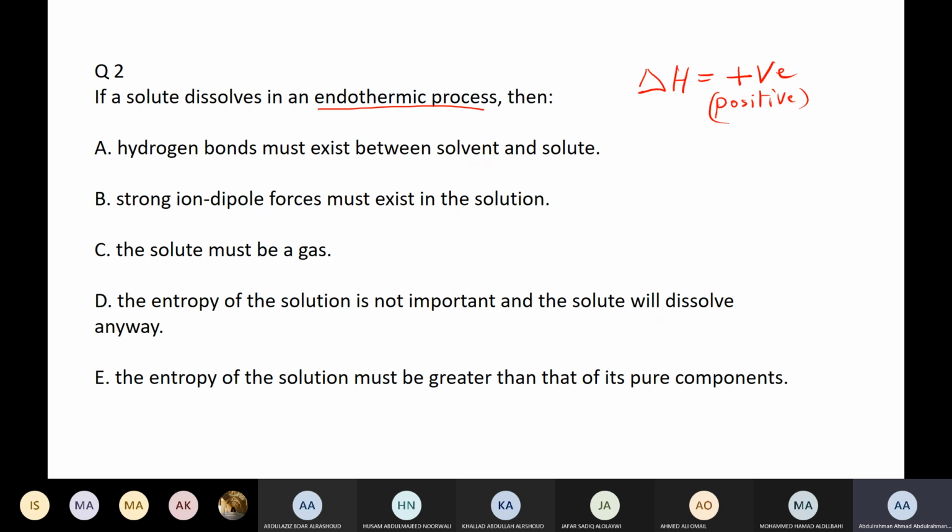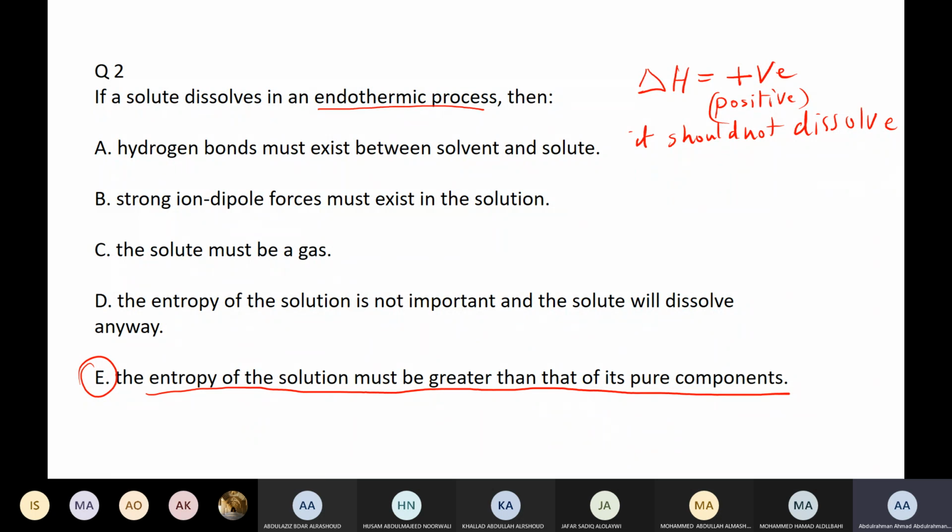Then if it dissolves, there must be something else, because if delta H is positive, this means it should not dissolve. From delta H point of view, it should not dissolve. So there must be another factor that makes this thing dissolve. What's the other factor? The entropy. The entropy of the solution must be greater than that of pure solvent. Must be greater. Otherwise, it will not dissolve.